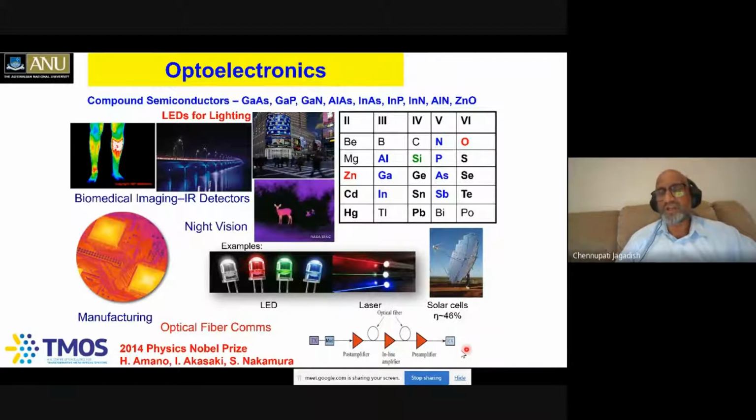And on the other end, you convert the optical signals into electrical signals using photodetectors or photoreceivers. Most of these signals are transmitted in the 1.3, 1.55 micron wavelength region, because those are the wavelengths where you get the lowest absorption and dispersion. The lasers and detectors are made out of these aluminum indium gallium arsenide phosphide materials, which we work on as well.